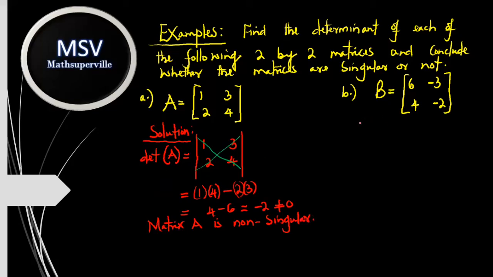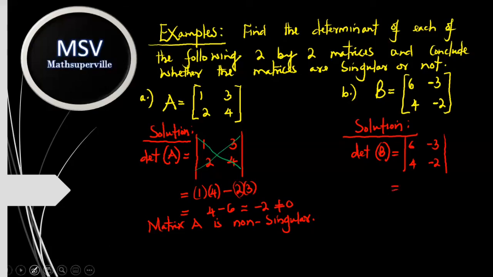We go to B, so solution. The determinant of matrix B is equal to, so you specify the elements within 2 vertical bars. So this is the notation for the intent to find the determinant.